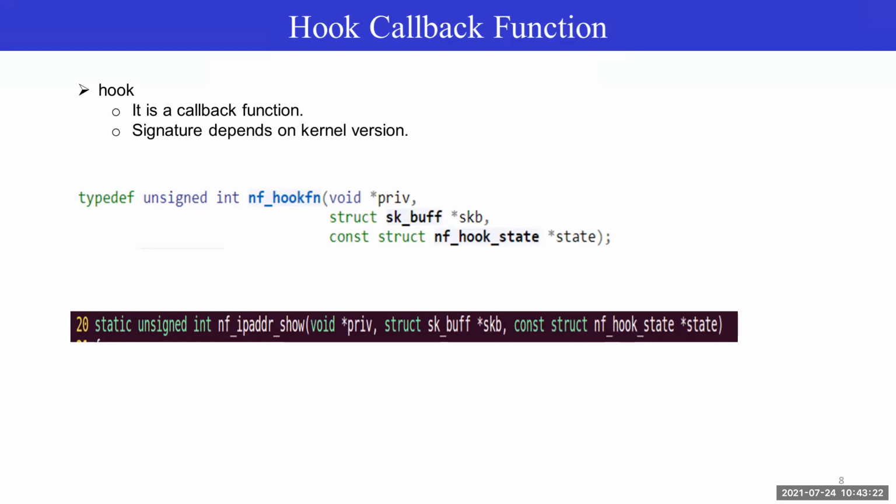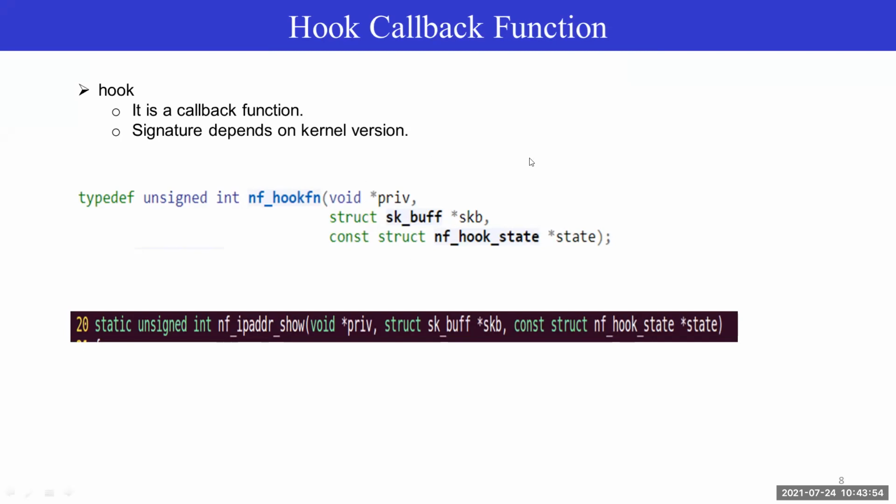It could be different in maybe the latest 5.x version or the earlier 3.x or 2.6 kernel version. So you need to check the kernel version as well as the signature of the hook point function against which you are developing your own kernel module for this callback.